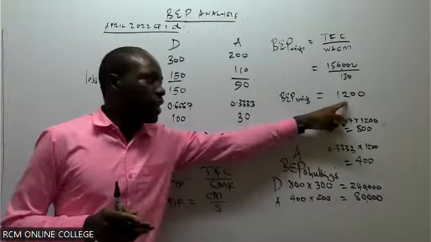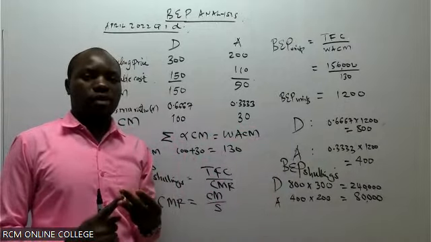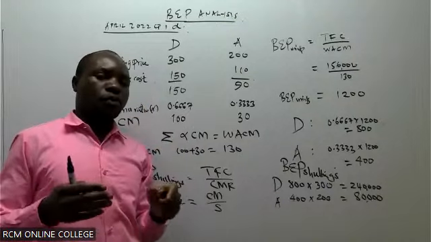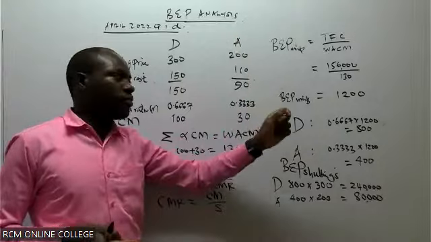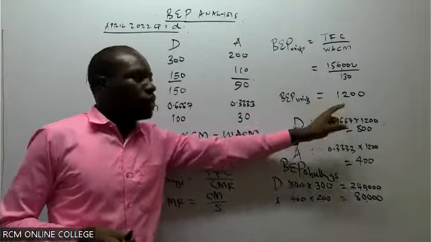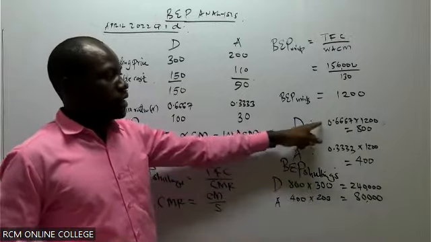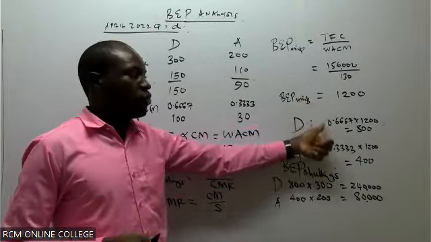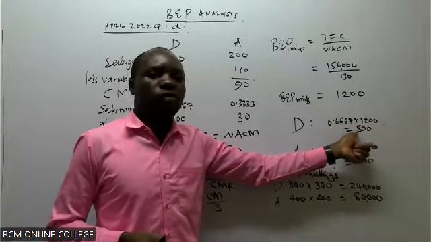Because this 1200 here entails units of D and units of A. Not just a single product. There are multiple products, and therefore, that's why the sales mix ratio is helping us to distribute this. So once you've been able to distribute, that is the proportion of the total, which is 0.667 by 1200 is giving us 800 units of A.